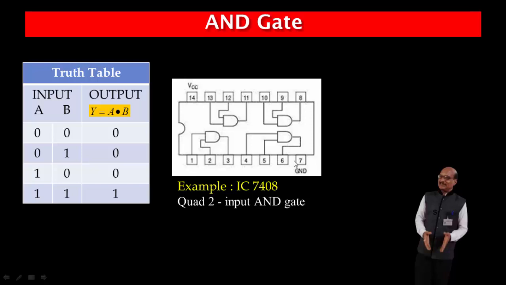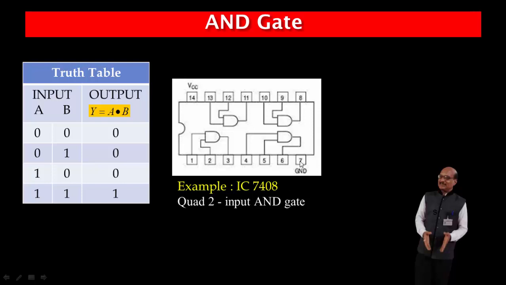There are 7 pins on one side and 7 pins on the other side. Here the first gate is available between pin numbers 1, 2 and 3. Pin numbers 1 and 2 act as the inputs and pin 3 acts as the output. The second gate is available in pin numbers 4, 5 and 6, with 4 and 5 as inputs and pin number 6 as the output.